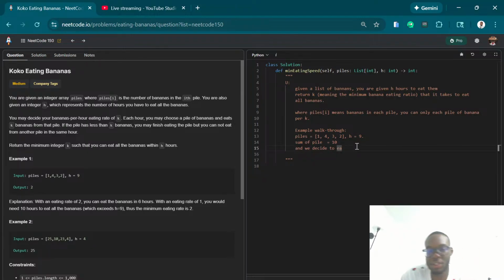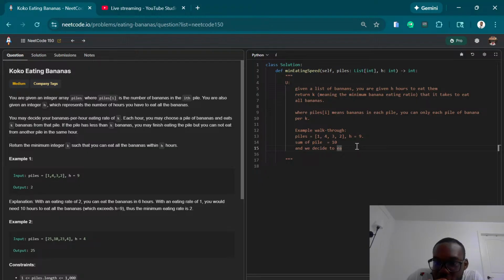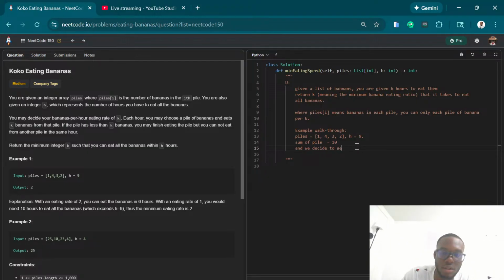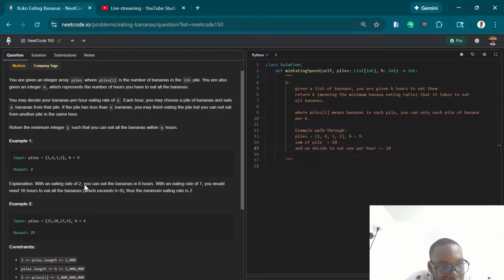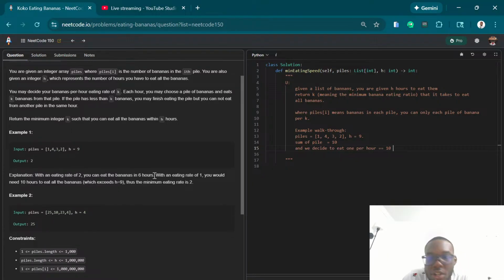Okay, so let me get back to this question. So that's a no-go. So that means we need to, and are we supposed to only return... Oh, it's an integer. Okay. So we can't return a decimal.